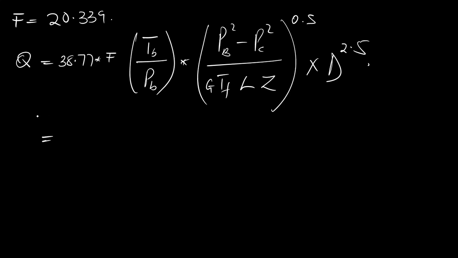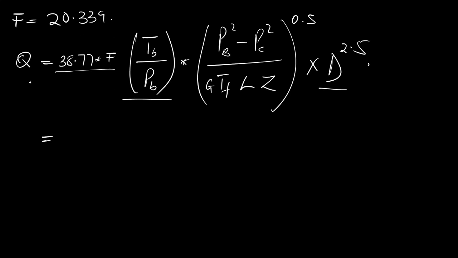So now to do that, we use 38.77 times F, with this bracket open, the base temperature divided by the base pressure times the internal diameter raised to power 2.5. We divide both sides by this whole expression, and leave this one. So we are dividing both sides with this and this.